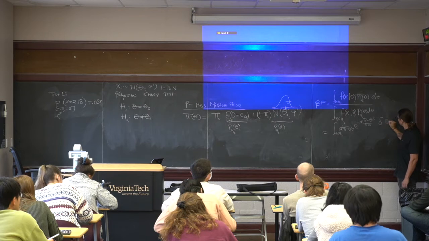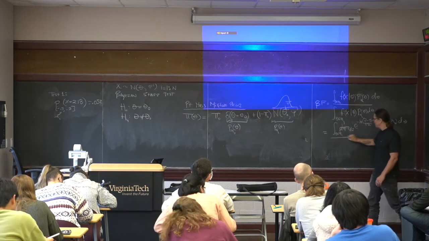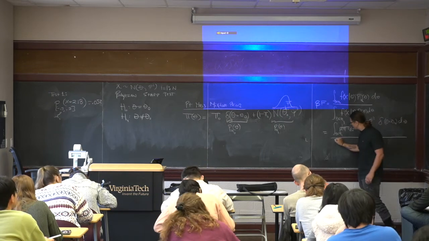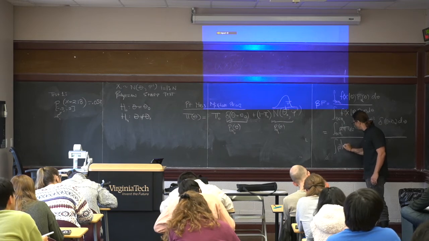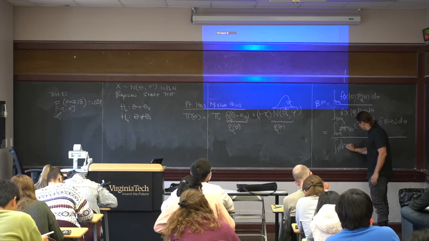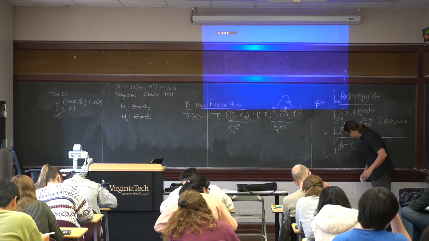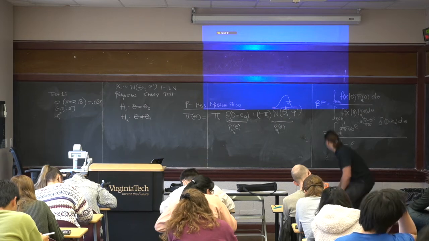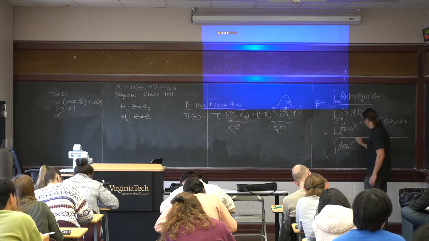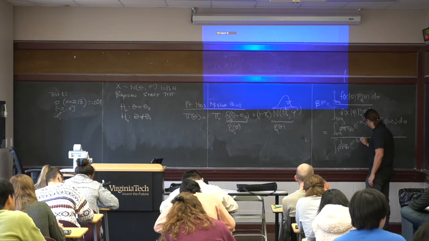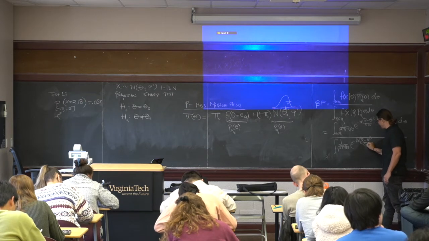It's this point mass. d theta divided by a similar integral. Should be exactly the same thing. Sigma over root n, e to the minus 1/2 (x bar minus theta) squared over sigma squared over n.